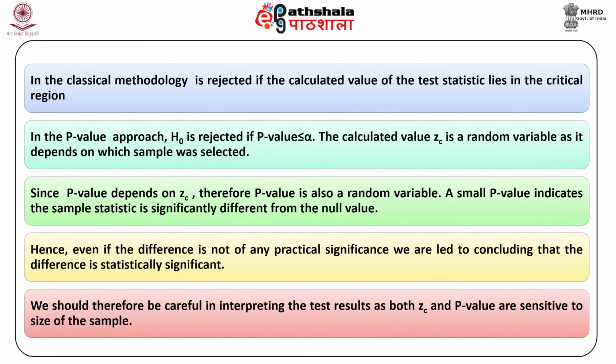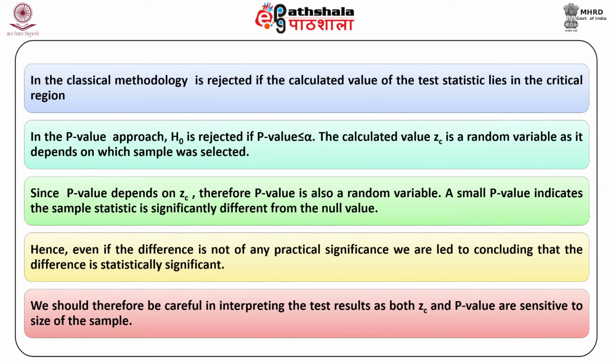However, even if the difference between the sample statistics and the null value is small, a large sample would result in a small p-value. Hence, even if the difference is not of any practical significance, we are led to concluding that the difference is statistically significant.